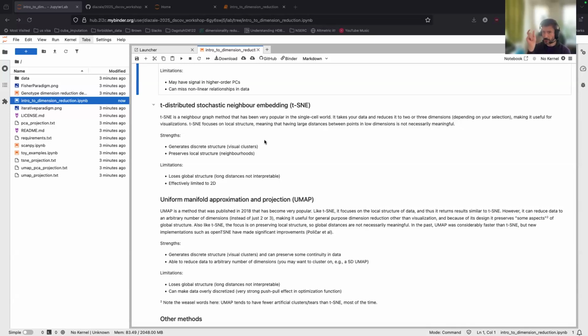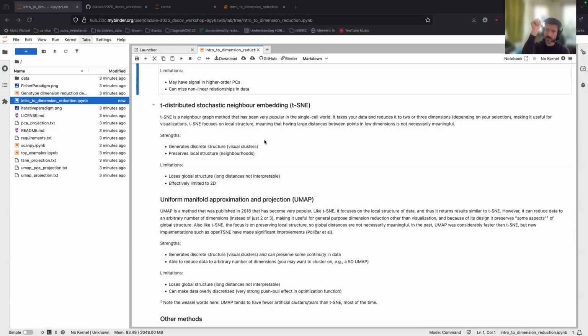And the idea is you optimize the distance between the two of those. It's really popular because it's very good for visualizing data. One of its biggest strengths is generating discrete clusters.